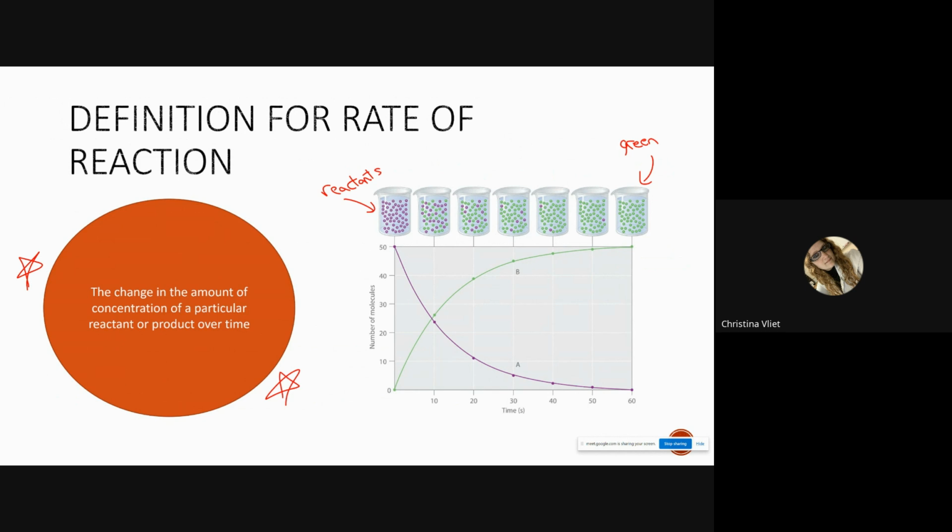You can see there are two graphs here. The graph for purple, the number of molecules over time, decreases. What does that mean to us? Does the amount of reactants increase or decrease over time? Decrease, right? The amount of reactants decreases over time. And the amount of products?